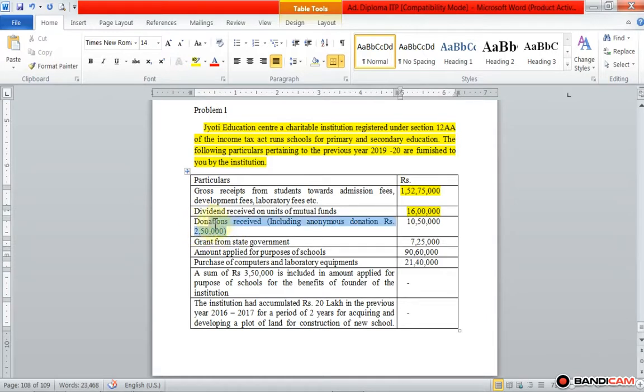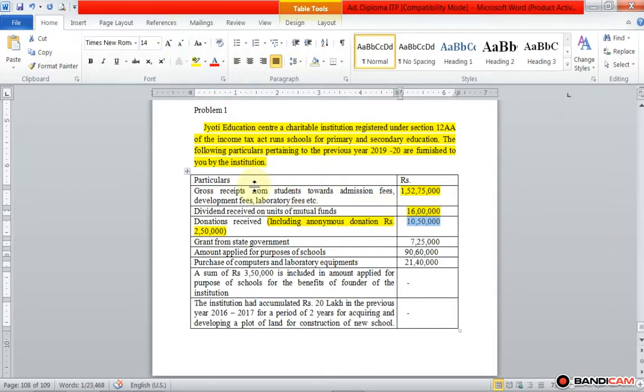So here the anonymous donation is rupees 2,50,000 and the remaining donation is a voluntary contribution or a corpus donation. If the voluntary donation is taken into consideration, it amounts to rupees 8 lakh.